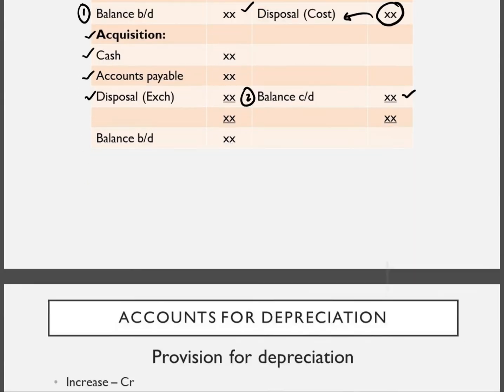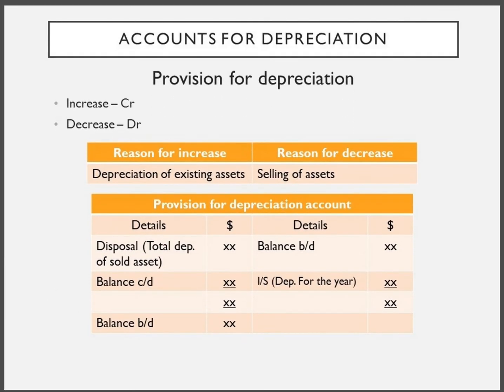Now let's move on to provision for depreciation. Before that, we need to understand what provision for depreciation is. Provision for depreciation is the total amount of depreciation that the asset has incurred till date. This amount will only increase if the depreciation of the existing asset increases, and it will decrease if the asset is sold to someone else.